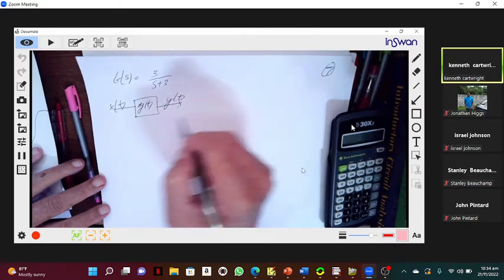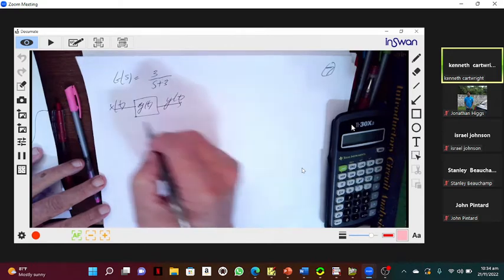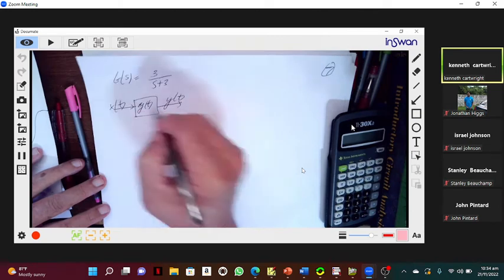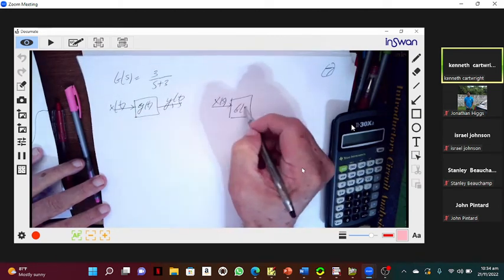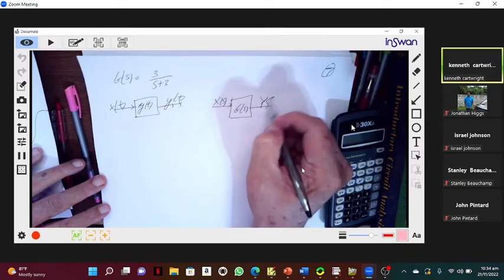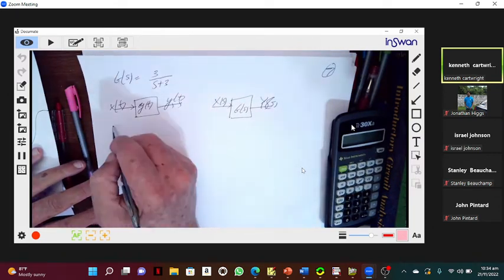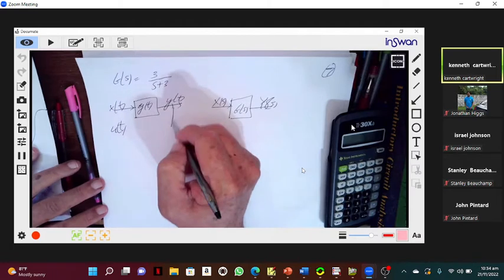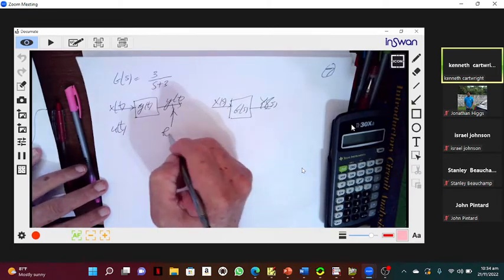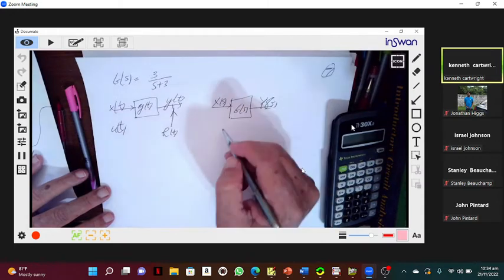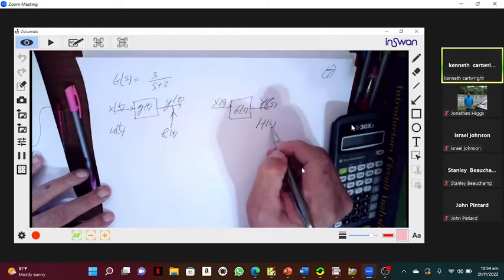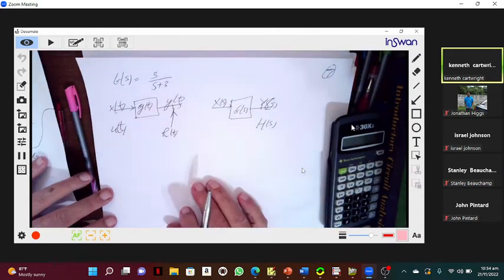This translates to X of s, G of s, Y of s. So the input is a step, u of t. The output is by definition h of t, or here, h of s, the step response in the Laplace domain.